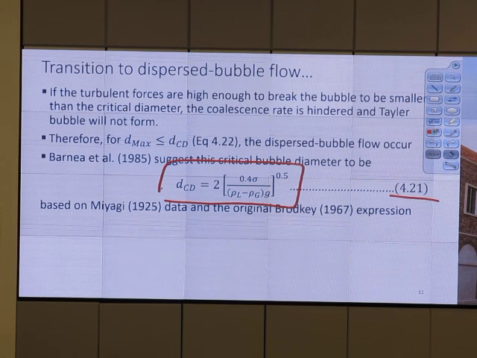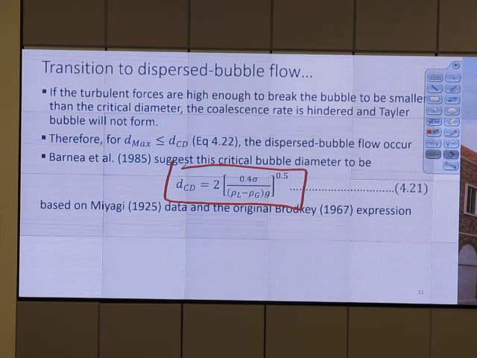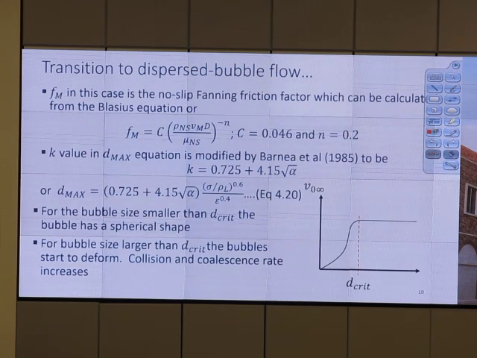So it will depend on how we get this formula. This is the critical bubble diameter above which we have a loss of coalescence, right? So above this critical diameter, it coalesces very quickly.